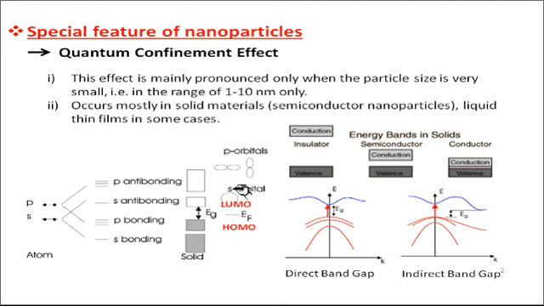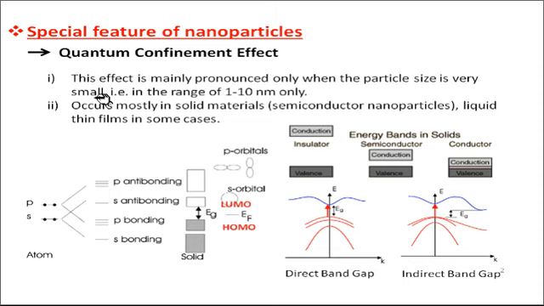So what is the quantum confinement effect? Before discussing this particular effect in detail, you just note down these particular points here. In the first point, it is saying that this effect is mainly pronounced only when the particle size is very small. In this point, you can even remember one thumb rule.